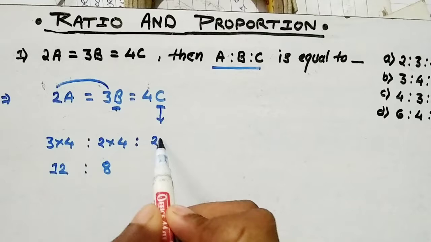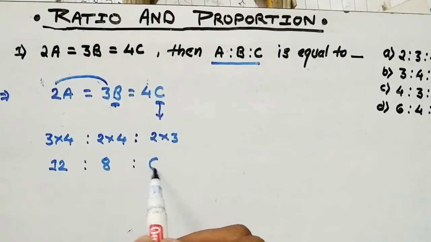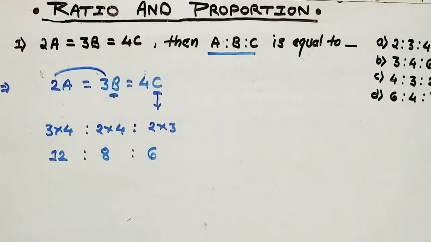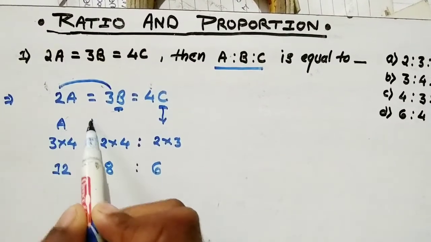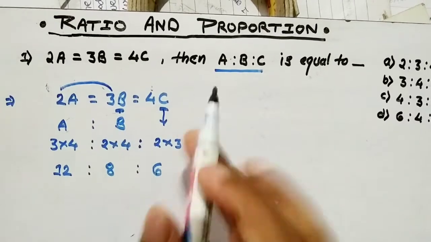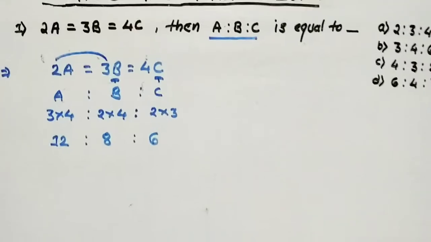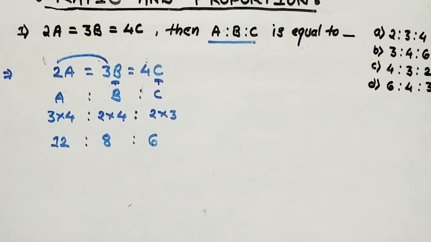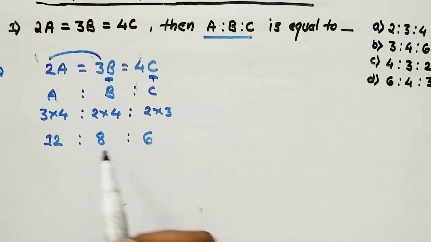so the value which is considered, that is 2 into 3, so that is 6. That is a, that is b, and that is c. So a is to b is to c, so 12, 8, 6.